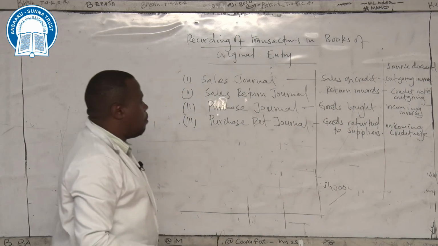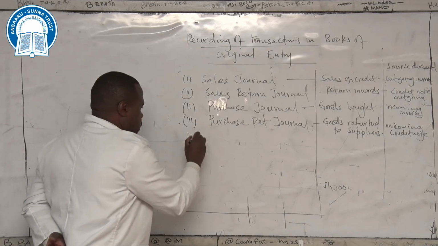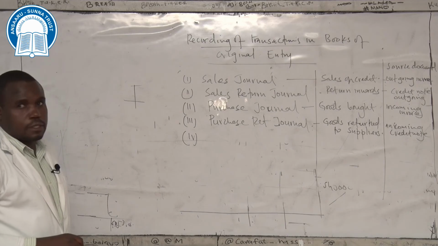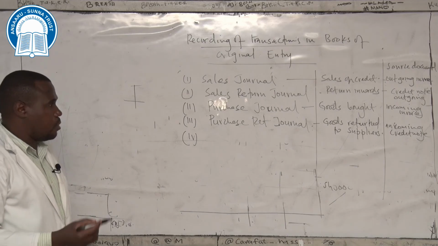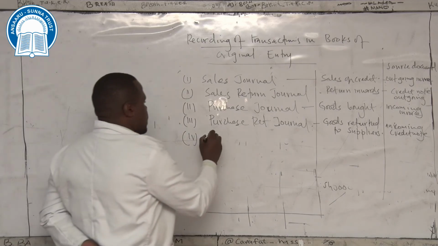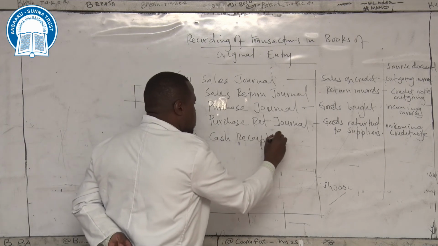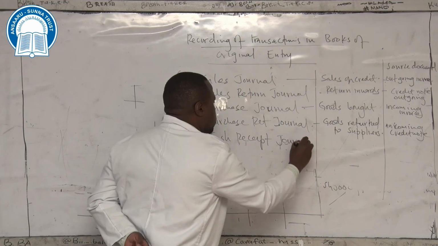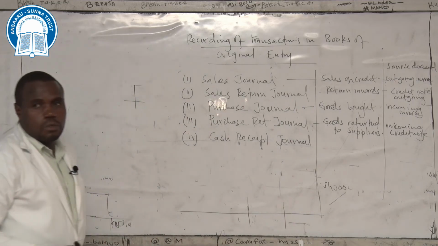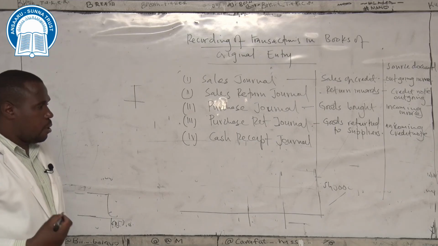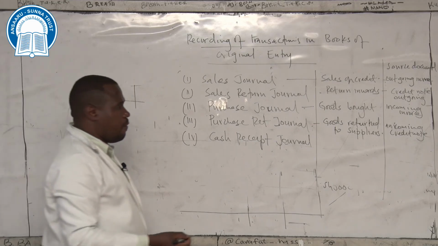Now, the other journal that we are not maybe going to have enough time to go through is the cash receipt journal. Cash receipt journal, that means you're recording all the information about goods that have been sold and they have been paid for in cash.